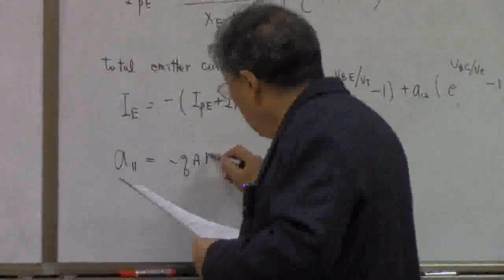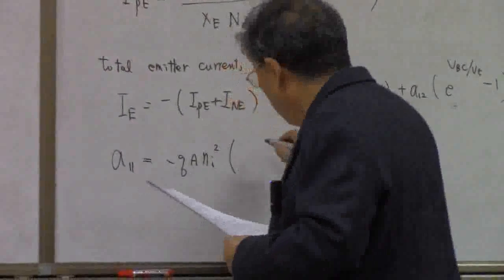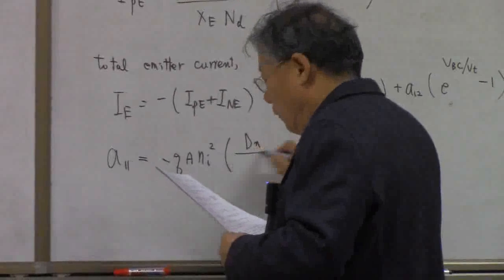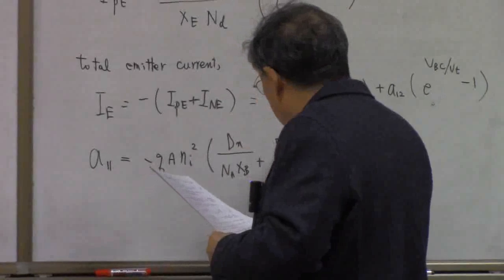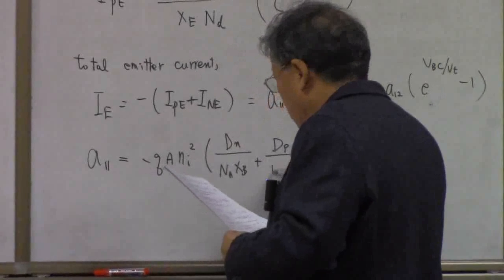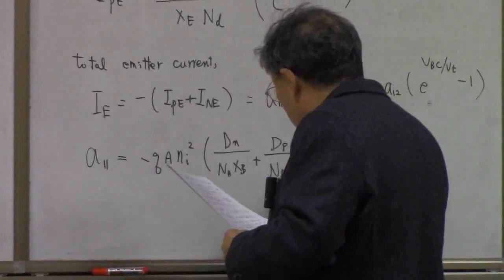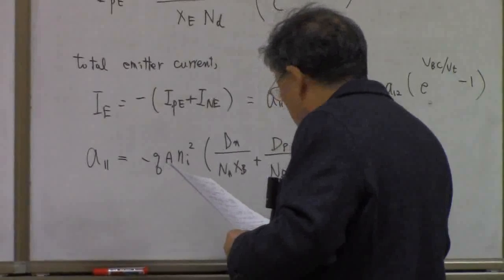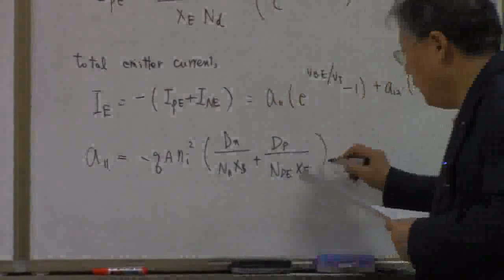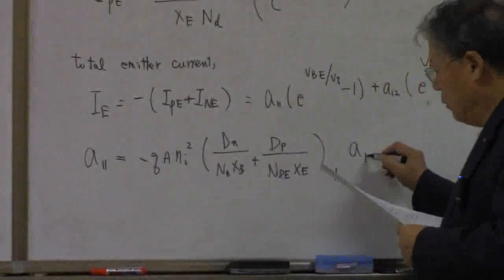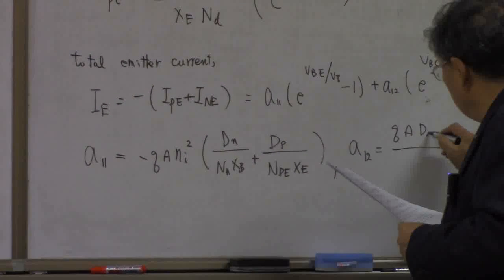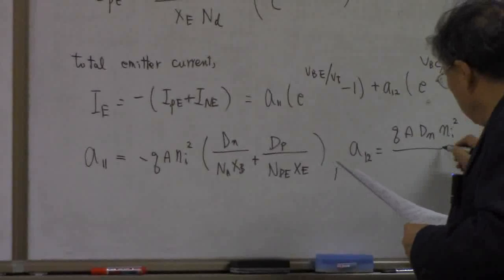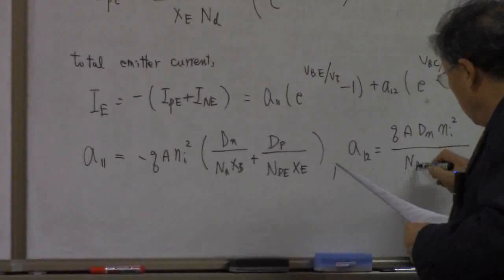A11 is Q A ni squared, DN over NA XB, plus DP over ND XE, and A12 is Q A DN ni squared over NA XB.